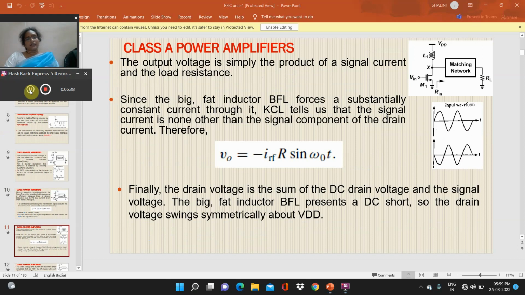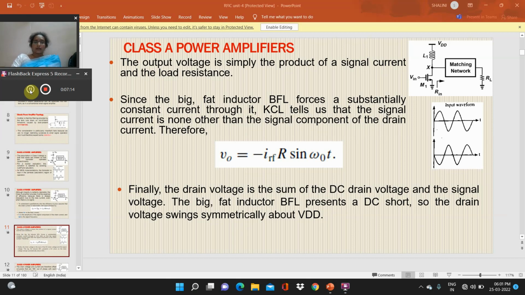The output voltage is simply the product of the signal current and the load resistance.